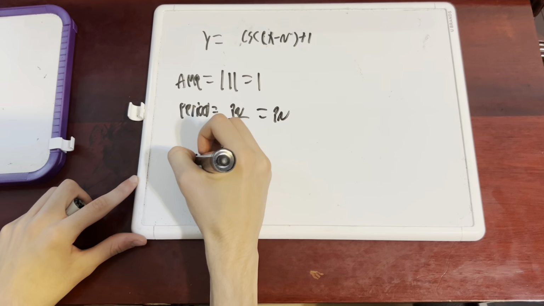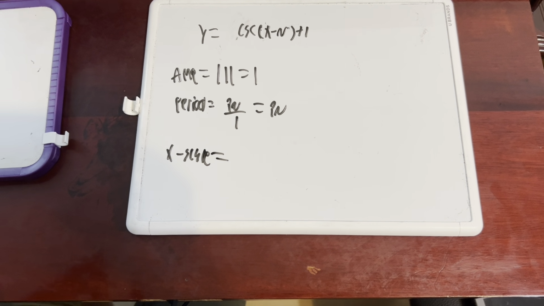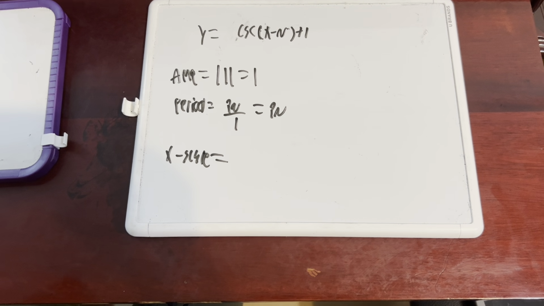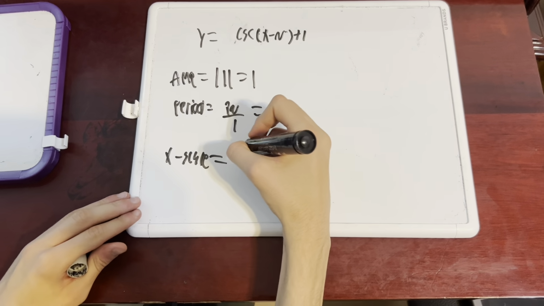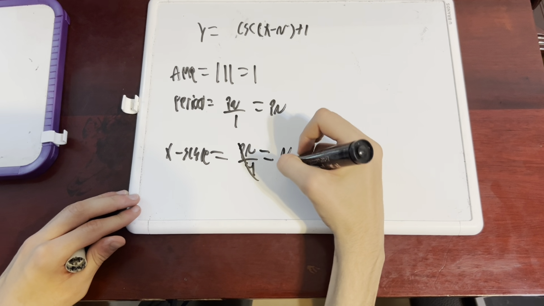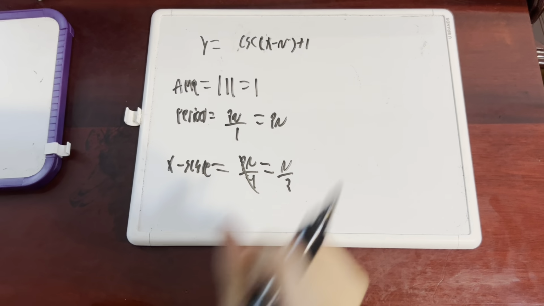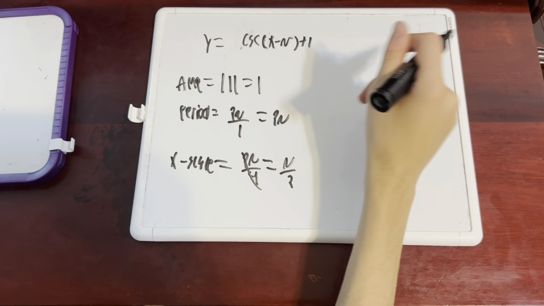X scale. Remember, you guys have to see the difference between secant and cosecant with cotangent and tangent, because it changes a little bit, as you previously saw. It equals 2 pi over 4, which cancels out, equals pi halves. Remember, algebra simplification is very important when dealing with trigonometry, especially trigonometric functions.